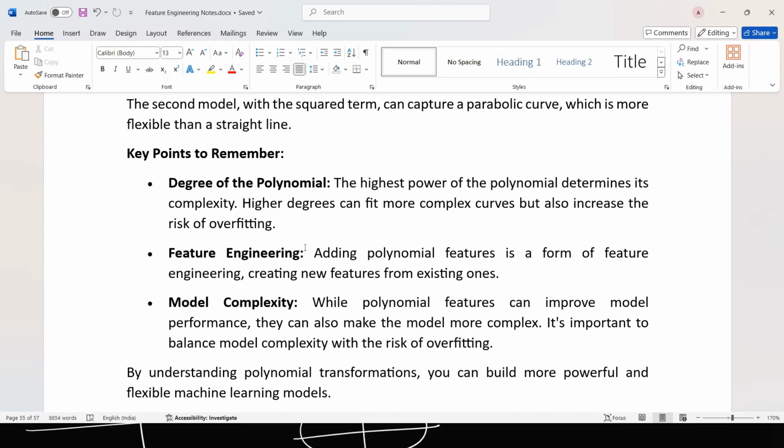Whenever you are creating a machine learning model for predicting something, how complex your data is, how complex it is for your data to help prepare a machine learning model, that is decided by the degree of the polynomial, right? Higher degrees can fit more complex curves, but also increase the risk of overfitting. What is overfitting? Overfitting means you are just fitting too much, right?